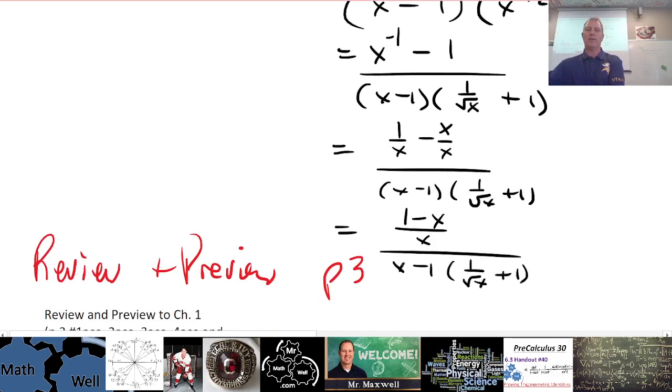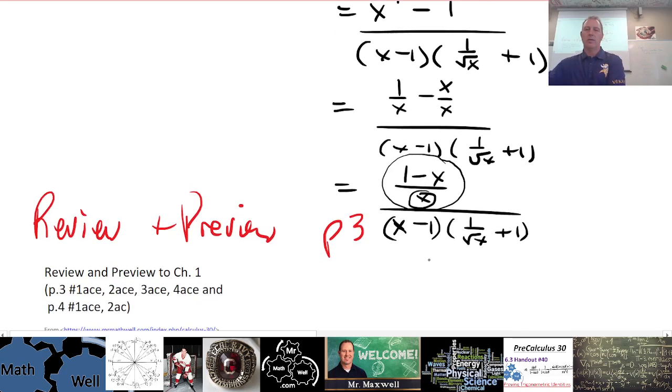I'm going a little fast here. But when you have the fraction like this, divided by something else, the x in the denominator of this fraction can just come down to the full denominator there. So it can be written like this: 1 minus x over this x, which is now a factor in the bottom, as well as these other things.